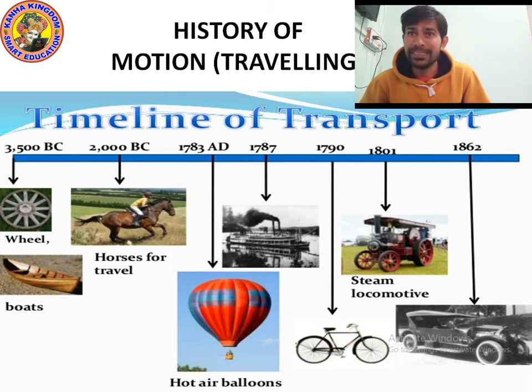Then in 1969, what happened? On 20 July, the first mission to the moon was launched. The first scientists went to the moon on a rocket and put the first step on the moon. And the first space shuttle was launched in 1981.